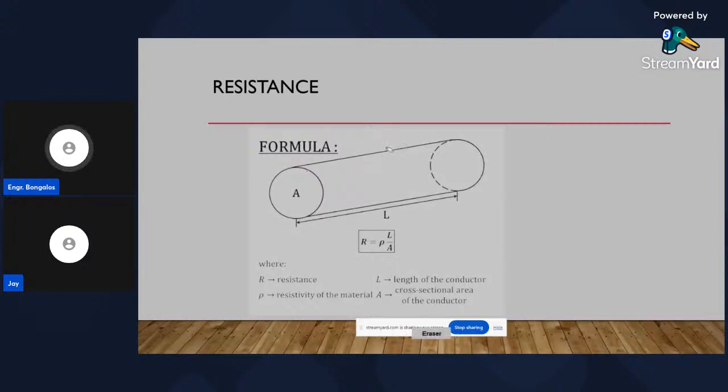resistance. So 'pag sinabing resistance, ano ba ibig sabihin? So yung resistance natin, yan yung ability ng material or property of materials which opposes the flow of electricity.